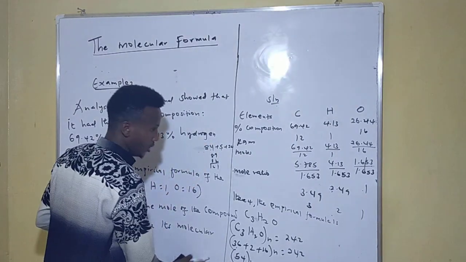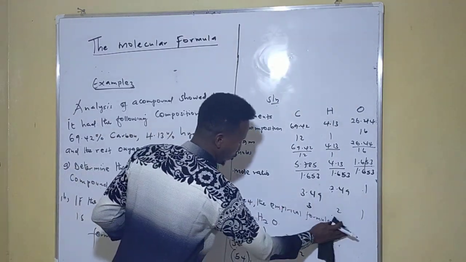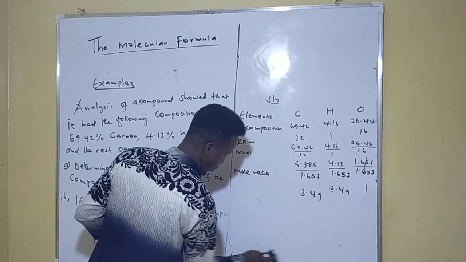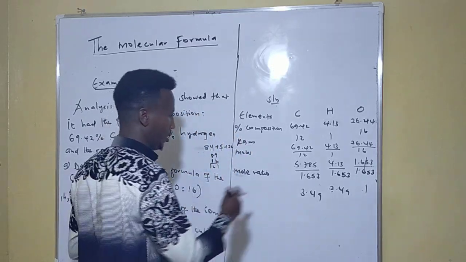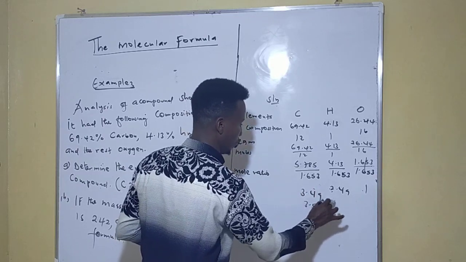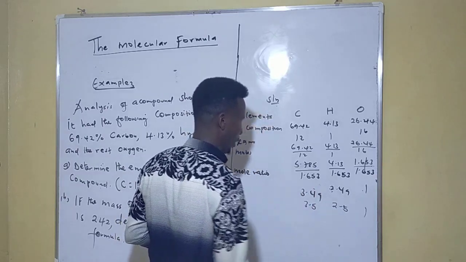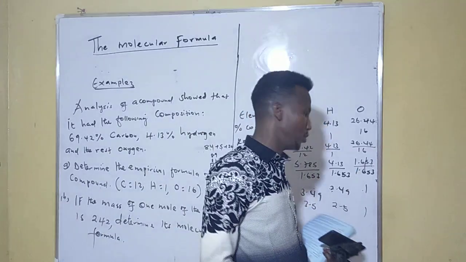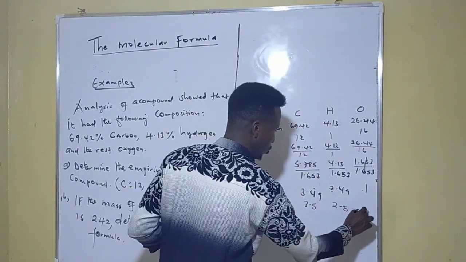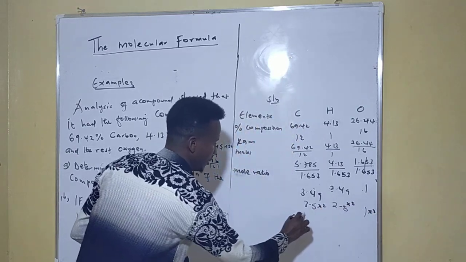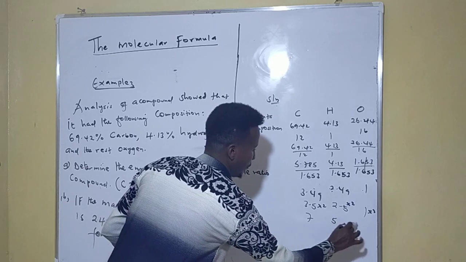Let me go back to this point here, where we have gotten the information. We can write this one as 3.5, this one 2.5, and this one 1. So what you do, if we have 0.5, remember in our previous class we said you can multiply by 2 throughout. So this will give us 7, 5, 2.